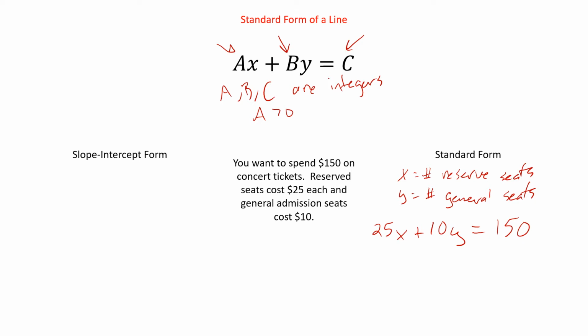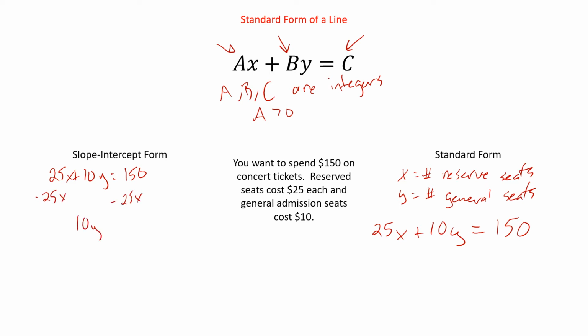If we wanted to write this in slope-intercept form, we start out with standard form. So we have 25x plus 10y equals 150. And now to put it into slope-intercept form, we need y equals. So we would have to move the x's. Minus 25x, minus 25x.